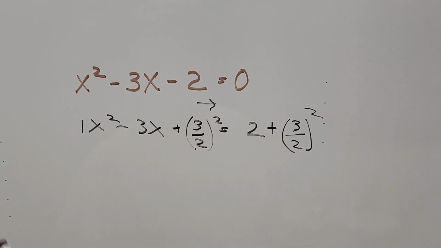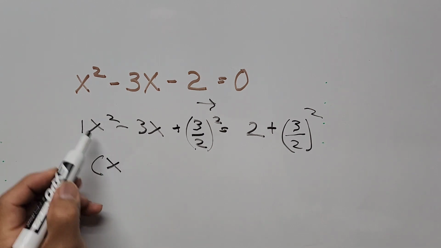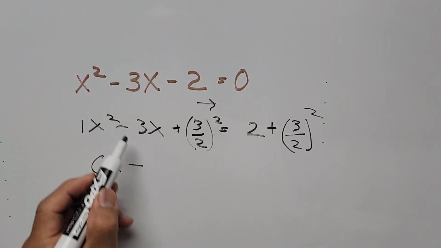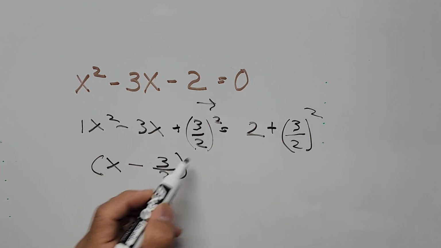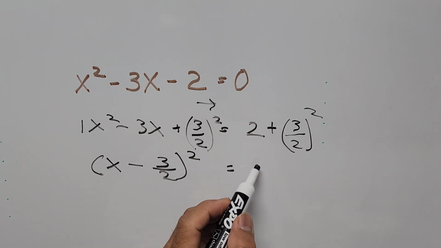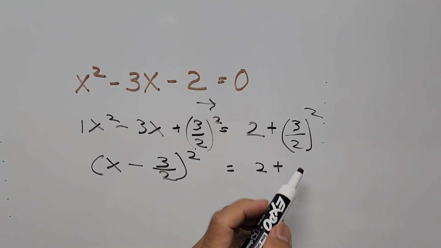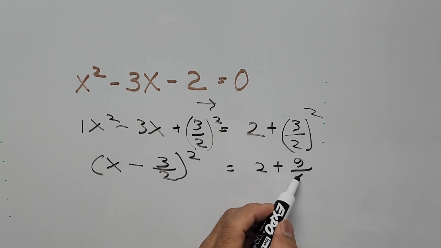Here, the left-hand side of the equation is a perfect square, so we can now write this as x, and then minus, since this is minus, and then the third term is 3 halves squared. And the right-hand side is equal to 2 plus 3 squared, which is 9 over 2 squared, which is 4.